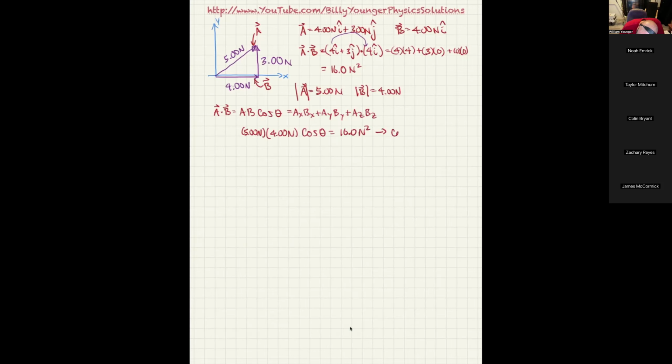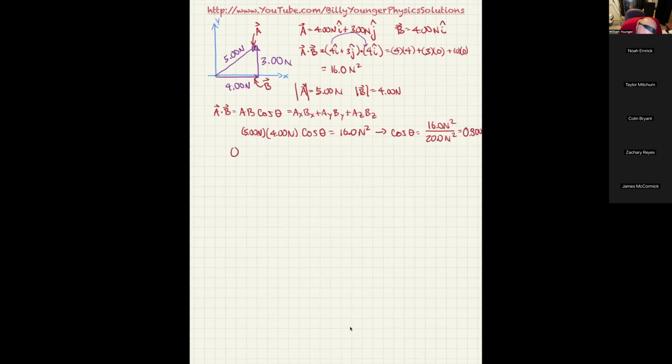Therefore, cosine theta is equal to 16.0 newtons squared divided by 20.0 newtons squared. And 16 divided by 20 is pretty straightforward. You could actually reduce it and get 0.8.